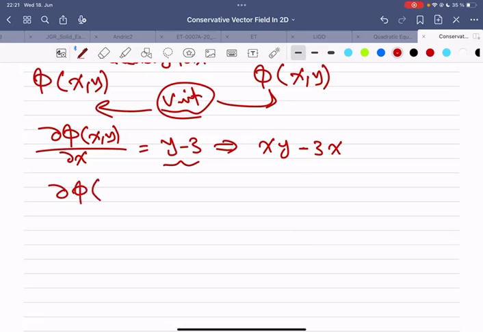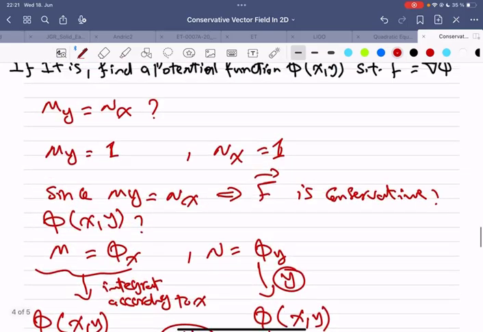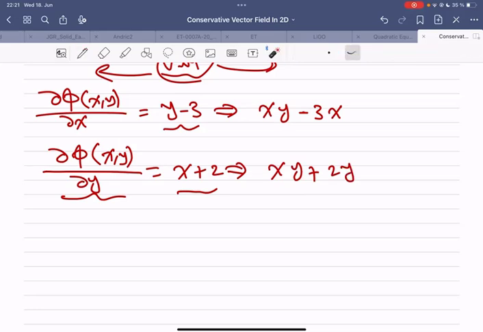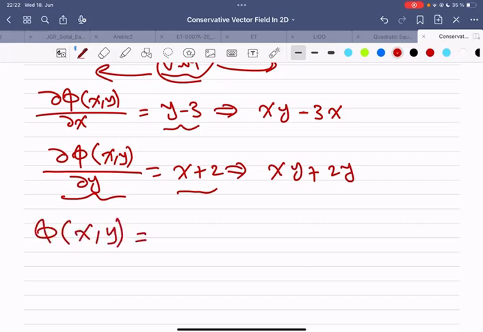And d phi xy by dy is x plus 2. If we integrate this according to y, it will be xy plus 2y. You will find that the union of those two terms will give you phi xy equal xy minus 3x plus 2y.